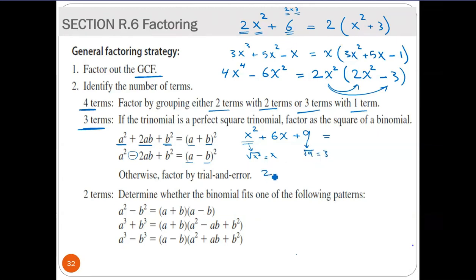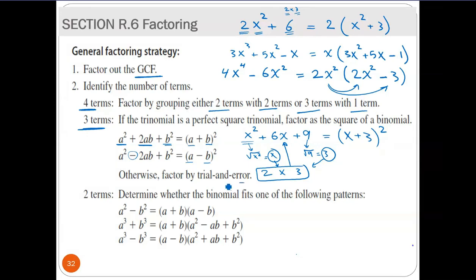So multiply 2 with x with 3. If this is the second term, 2 multiplied by x multiplied by 3 is 6x. So we have the perfect square. This equals x plus 3, all squared. Like this.